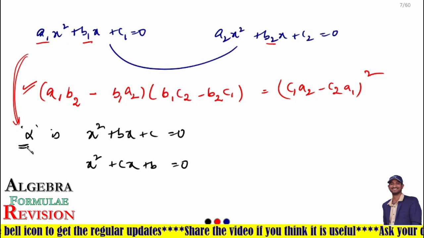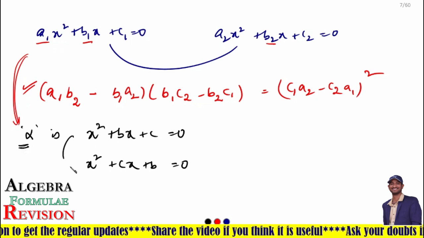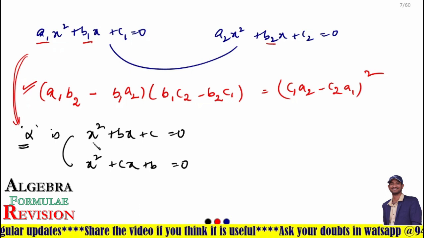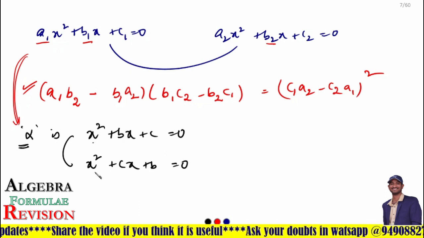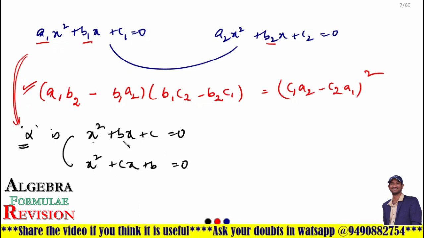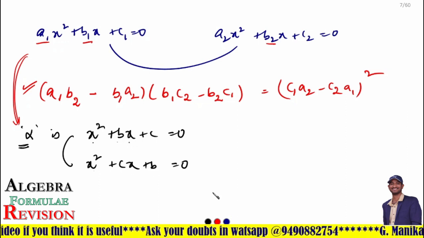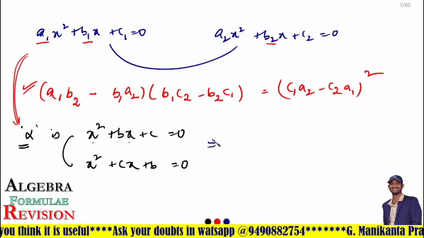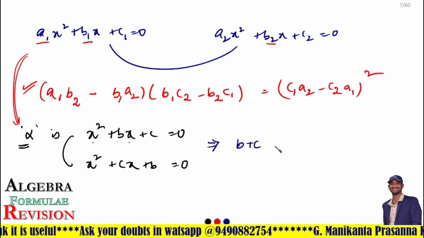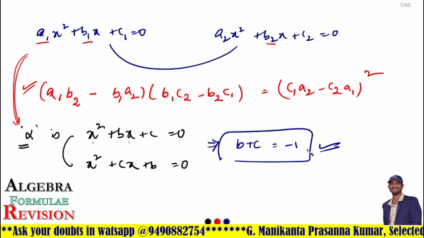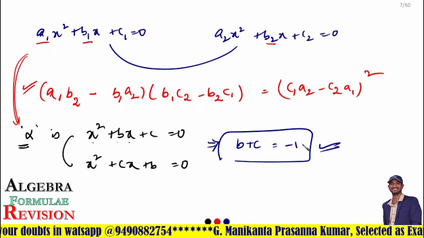If alpha is a common root for these two equations, and the equations are in the form of x square plus bx plus c equal to 0 and x square plus cx plus b equal to 0, that means the coefficient of x and the constant are interchanged, then the condition is b plus c is equal to minus 1. This is one of the most important things in the common roots.